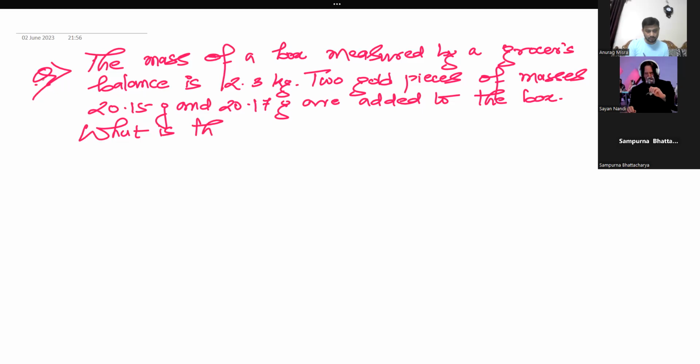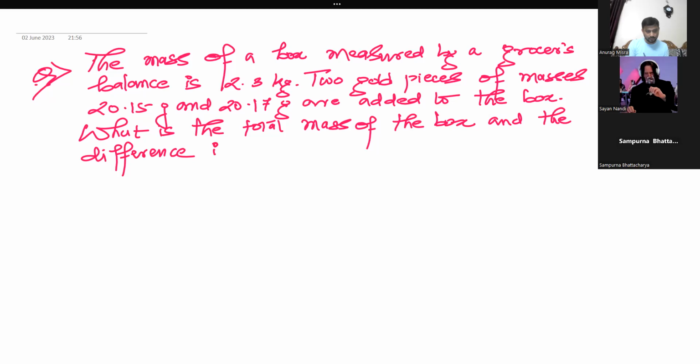What is the total mass of the box? And the difference in the sizes of the pieces, with correct significant figures.